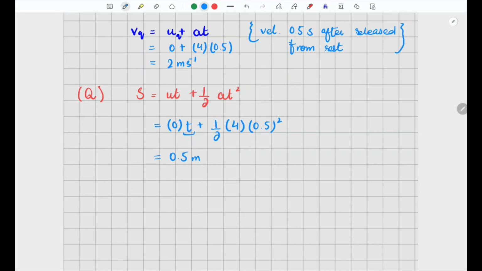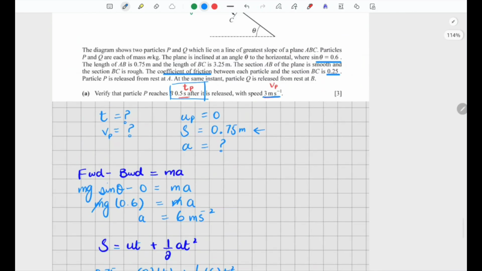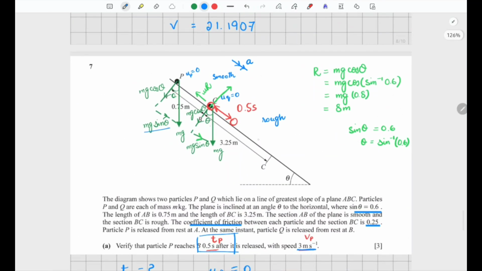Now, we found the distance between them is 0.5, so the distance that P will cover equals the distance Q will cover plus 0.5. Let me explain this statement again. For instance, here they are going to collide.